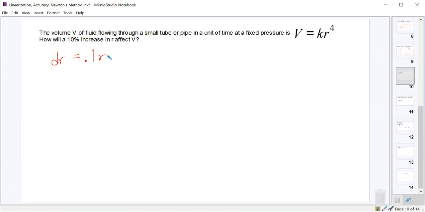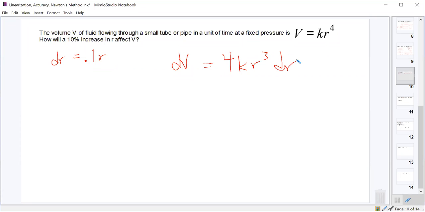Yes. Perfect. And then we were looking for dV to start with, right? So dV should be 4, and K is just a constant, 4KR cubed dr.